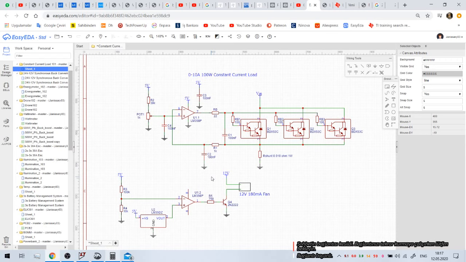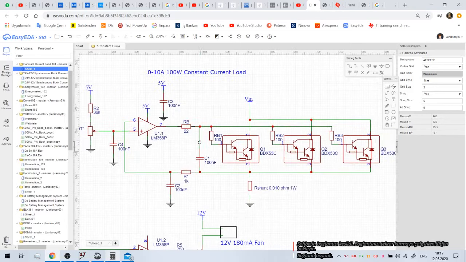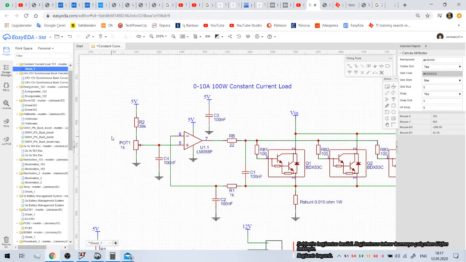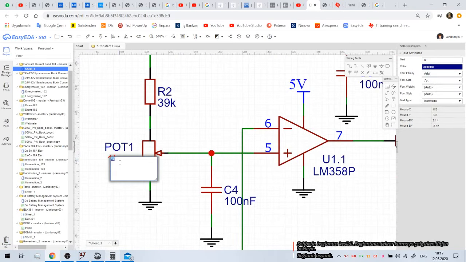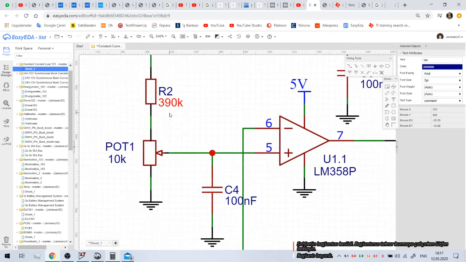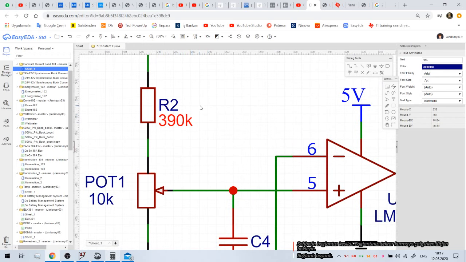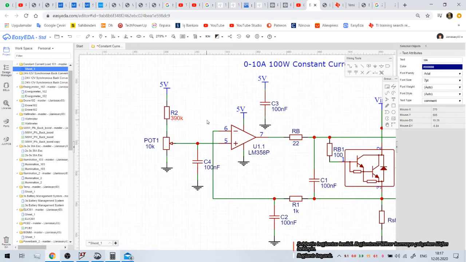Have we missed something? I don't know. Maybe the 10K resistors. I want to check the potentiometer rating, but I think this was 10K. This time this will increase to 390.